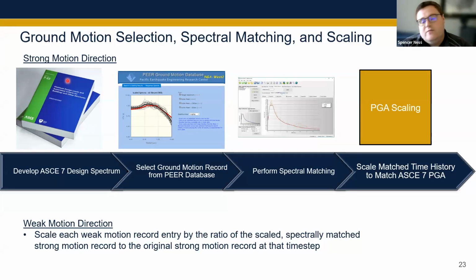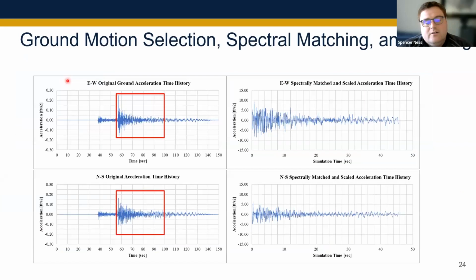With all that, we applied it to the strong direction to simplify things and not have to repeat this process and have conflicting things going on in the weak direction. We basically just linearly scaled the weak direction motion based on the ratio of the strong direction motion at that time step to the original strong direction motion at that time step, and went that way to develop our time history.